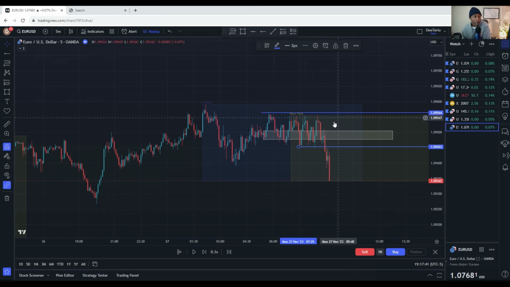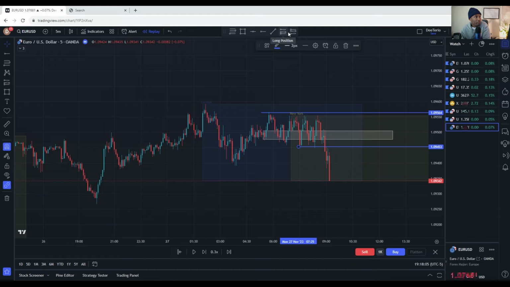But anyway, for this day, I would have stayed in these parameters. Whichever way it would have went outside this box, I would have gotten a buy or sale. If it gave me this strong candlestick and it went below this point right here, it would have been a sale for me. In real time, it would have went a lot slower. It just sped up a little bit because I'm in this replay mode.